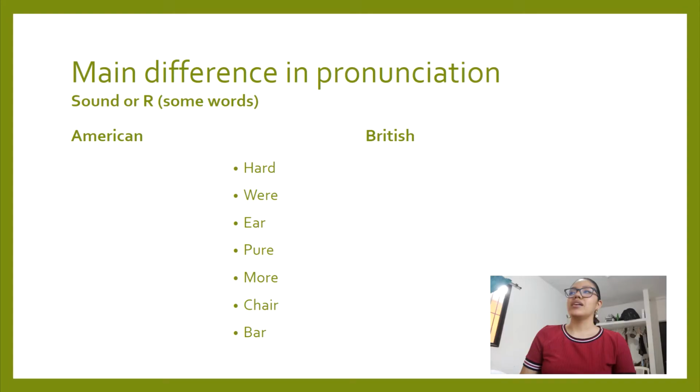Number 2. The sound of the R. The same as before, the accent we can use can completely change just with a modification in the R sound. For example, card, card. Where, where.